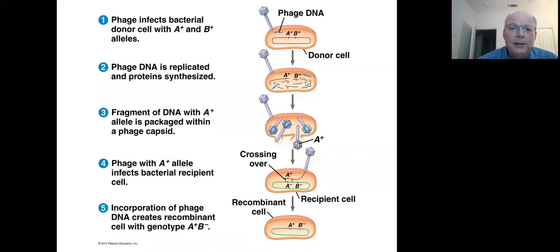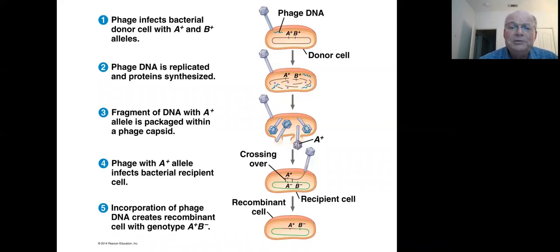But occasionally, a virus particle will mispackage not viral DNA, but host bacterial DNA. The virus particle will attach itself to another bacterial cell and will insert that DNA. But because it is not viral DNA, it's not creating a viral infection and turning the new cell into a virus factory.